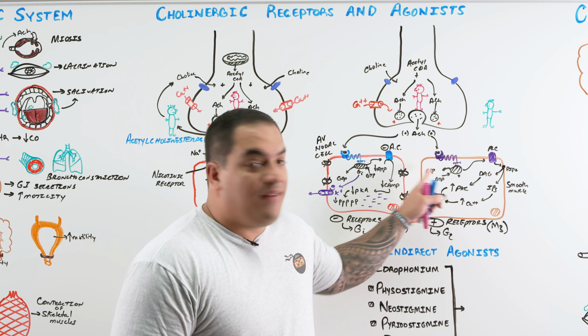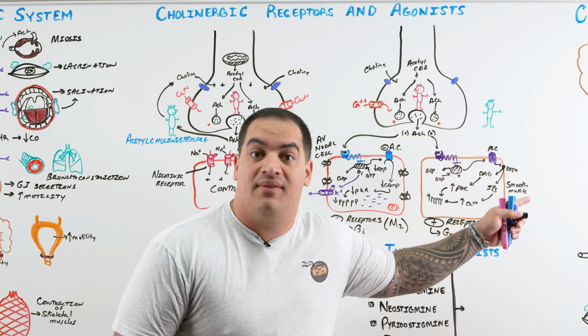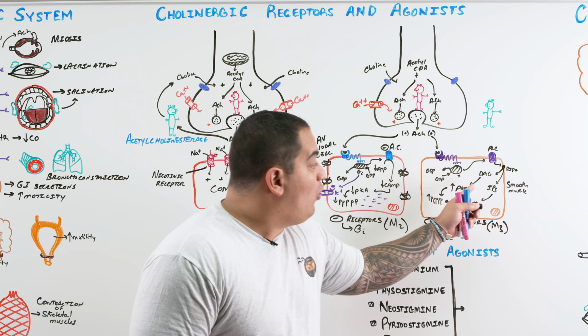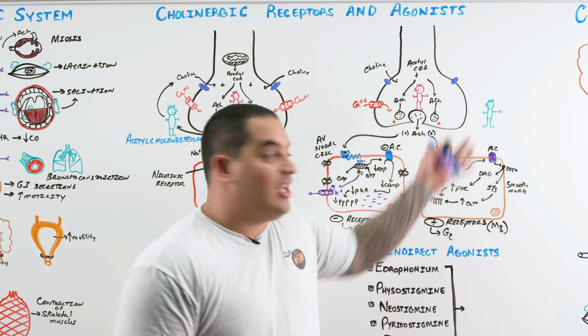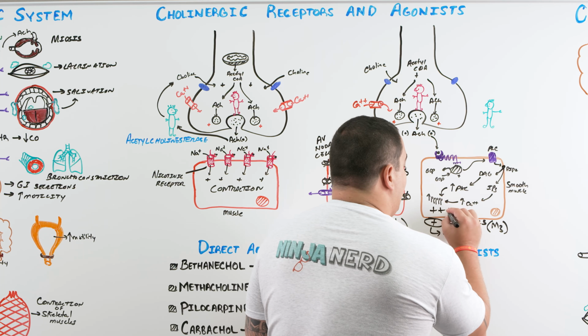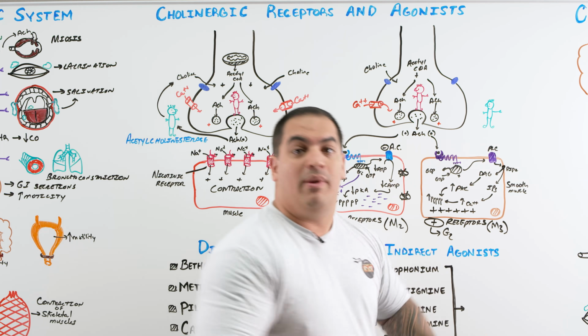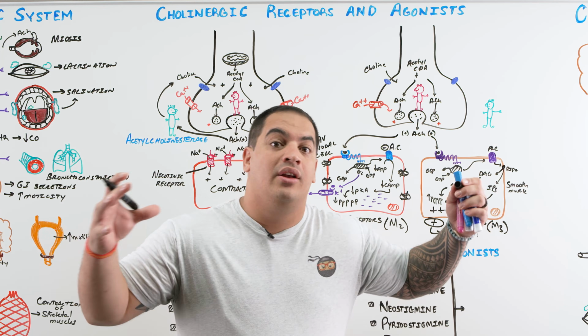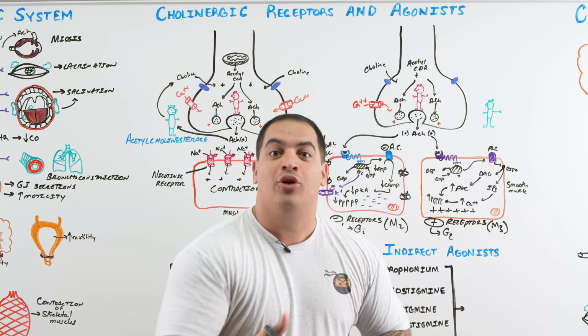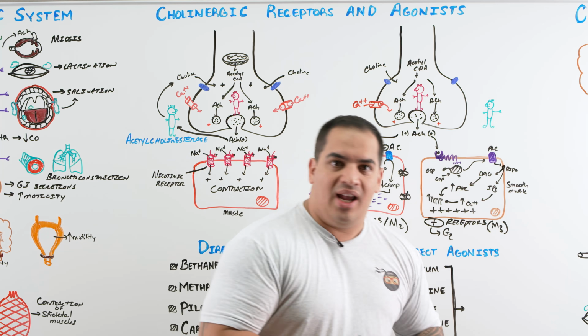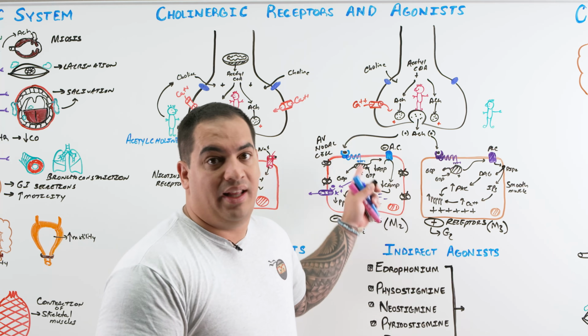Protein kinase C will phosphorylate particular channels to bring more positive ions into the cell. If I bring more positive ions into the cell and cause the inside of the cell to become very positive, what am I going to do to the cell? We'll make it depolarize and then subsequently contract. And that would increase the GI motility. So you understand where the difference comes in between these.